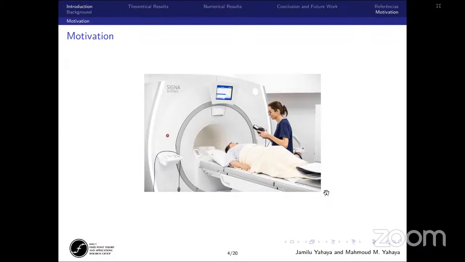The first one, which has to do with the application, for example, as you can see in this figure, imagine in a hospital where the radiologists have a patient who has some kind of tumor. The idea here is how this radiologist can use those machines to kill the cancerous tissue without destroying some of the tissue cells of the patient.